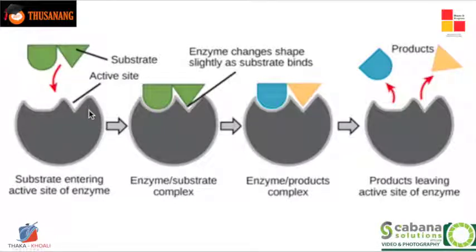And the moment the shape of the active site changes, we say that the enzyme has been denatured. What is denatured will not be able to bind to the substrate, and if it cannot bind to the substrate, we cannot have the enzyme substrate complex. Therefore, the enzyme will not be able to catalyze that reaction anymore.